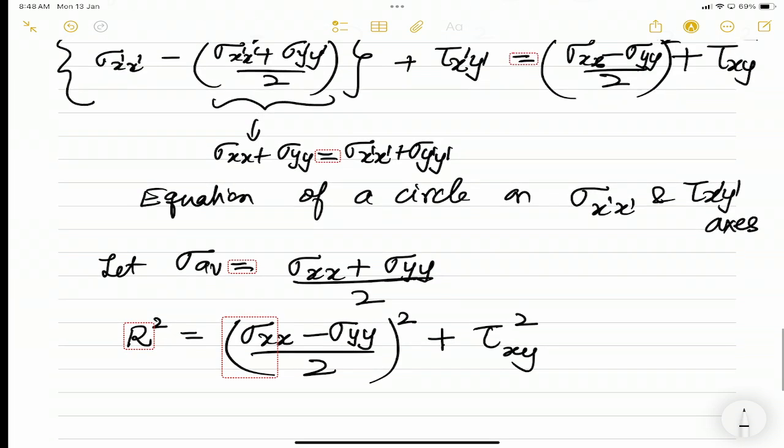So the right hand side I put as R square, and whatever is the minus term in the first term I call sigma average.